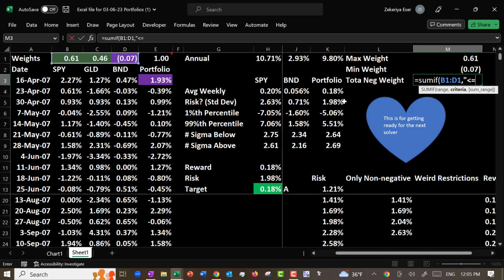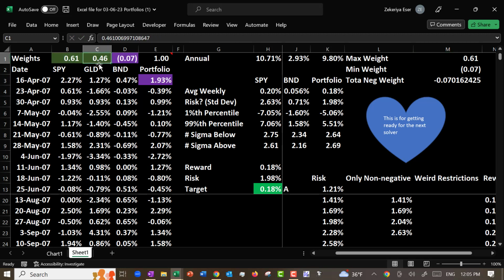Less than 0. The third one is what are you adding up? For example, it only adds the negative ones. Okay.